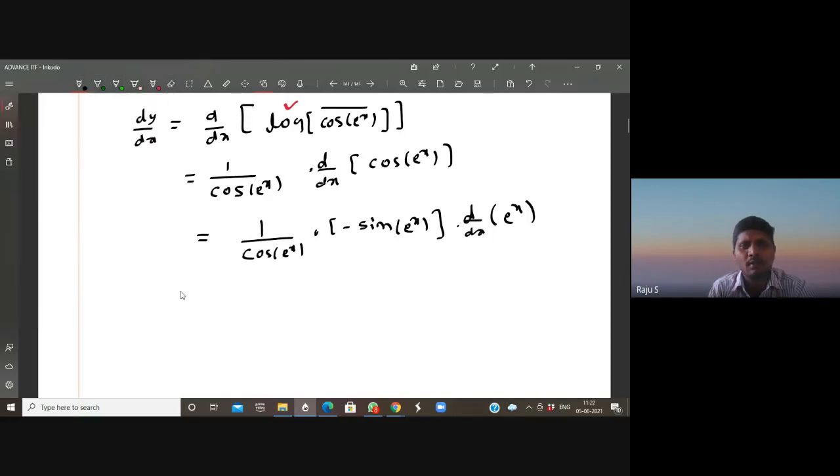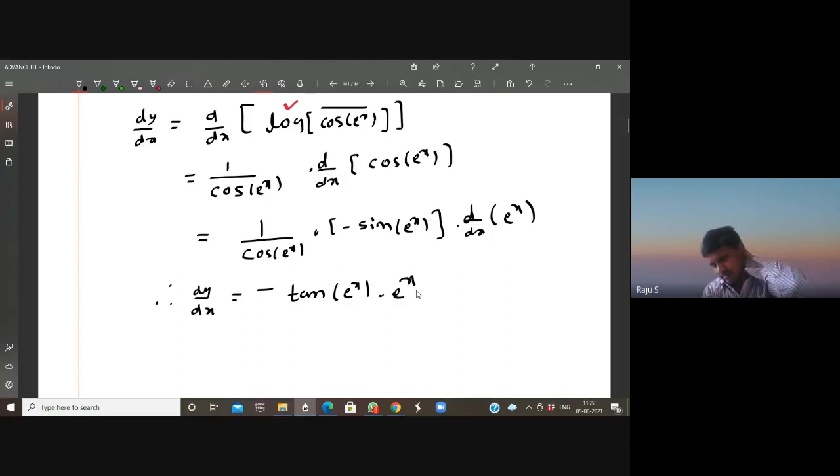This is called the chain rule. Finally, dy by dx is equal to minus sine e power x by cos e power x, which I can write as tan e power x, into e power x. This is the answer. So in both methods, we got the same answer. Am I right?